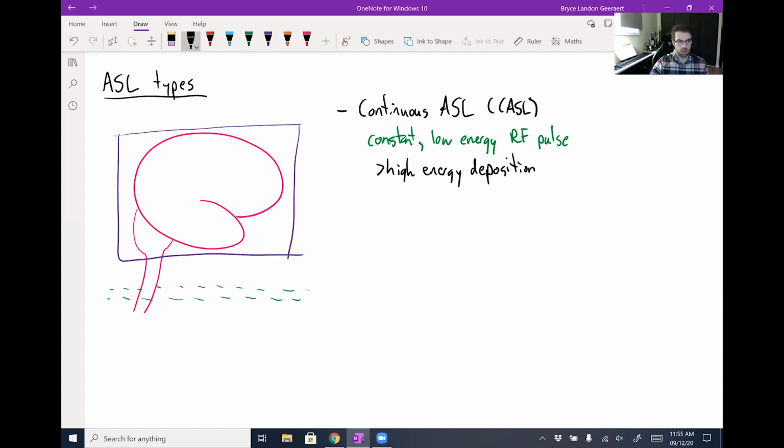And that was an issue for this technique, because there was an RF pulse that was always on for the minutes of the scan. And also because there's constantly a field being created and constantly power running through both your gradient coils to target that slice that you're tagging, and the actual RF pulse to make that field, there's high demand on the equipment.